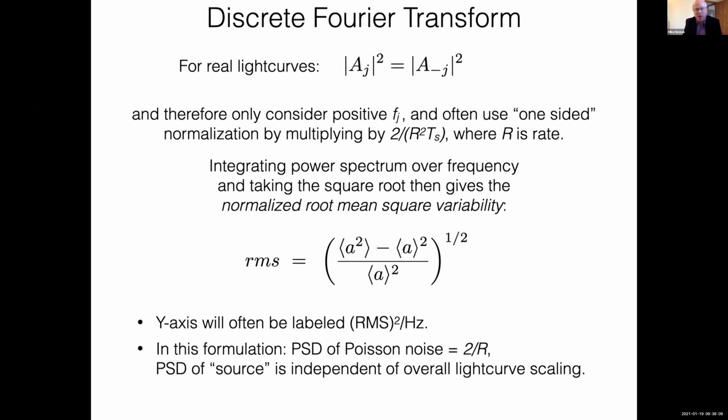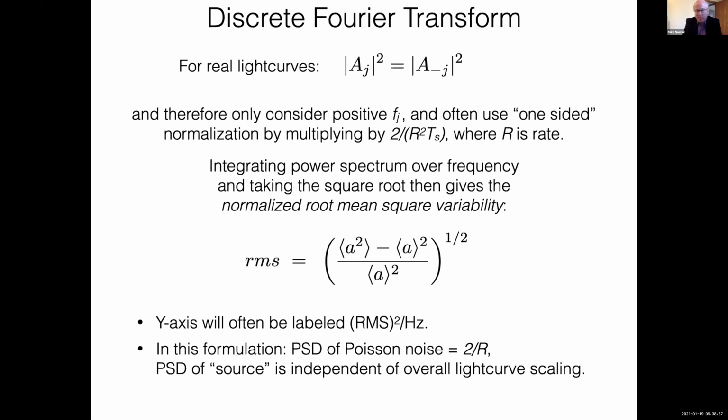Or we get the square of that, and then we take the square root to get the fractional variability. So usually in the rest of the slides, my y-axis for the power spectrum is going to be labeled as root mean squared per unit hertz. Taking the integral over a range of frequencies, and then taking the square root, gives me the fractional variability over that frequency range.